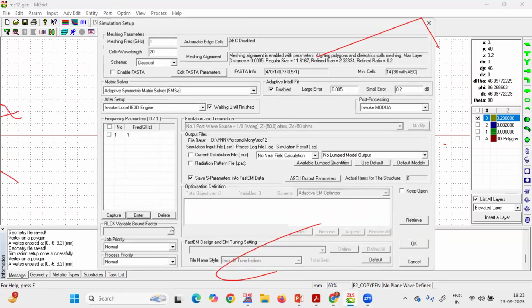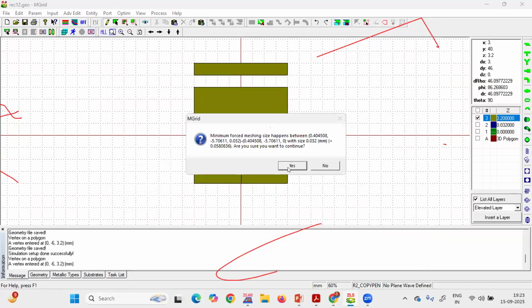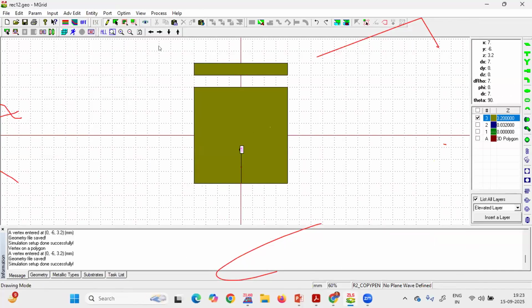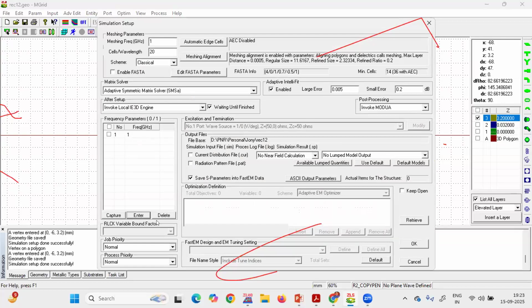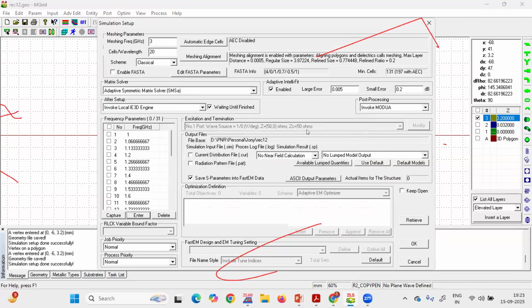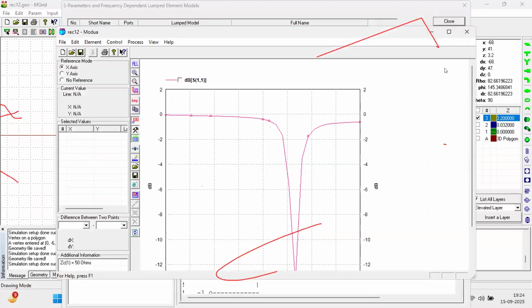Let me run once again. Check at what frequency it is operating.